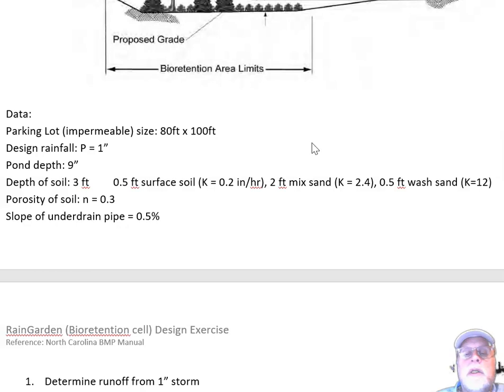Now you'll find some guidance given different numbers on suggestions for that. We're going to do ours with 3 feet, which includes 0.5 feet of surface soil, then 2 feet of mixed sand, and then 0.5 feet of wash sand underneath that. And the hydraulic conductivities of those media are given. Porosity of soil, we'll need that for volume calculations, is 0.3. And the slope of the under drain pipe is 0.5%.